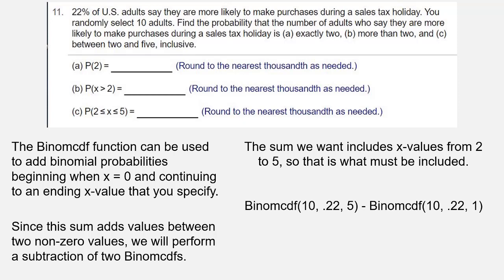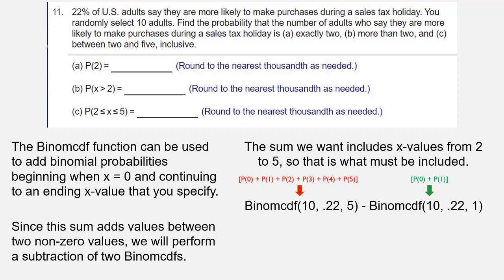So how do we do that? Well, we're going to do binomCDF 10, 0.22, 5 minus binomCDF 10, 0.22, 1. Why does that work? Well, the binomCDF 10, 0.22, 5 adds all the way from 0, so it's probability of 0, probability of 1, probability of 2, probability of 3, probability of 4, and probability of 5 all added together. The binomCDF 10, 0.22, 1 only adds the 0 and the 1.